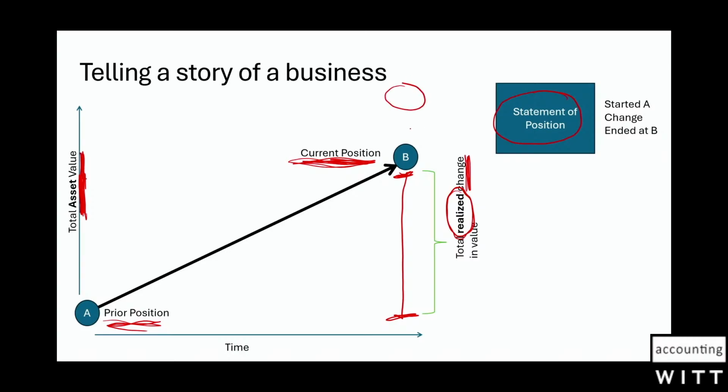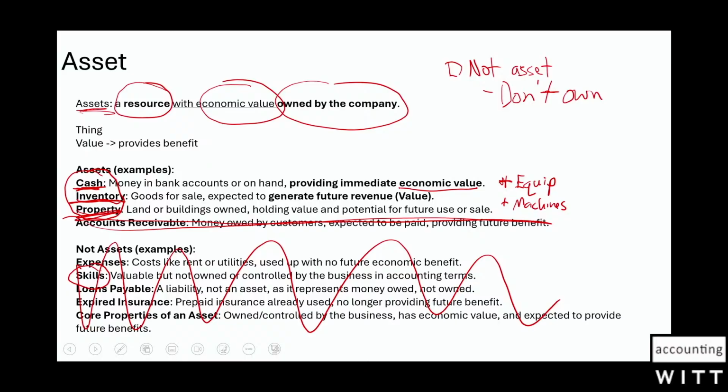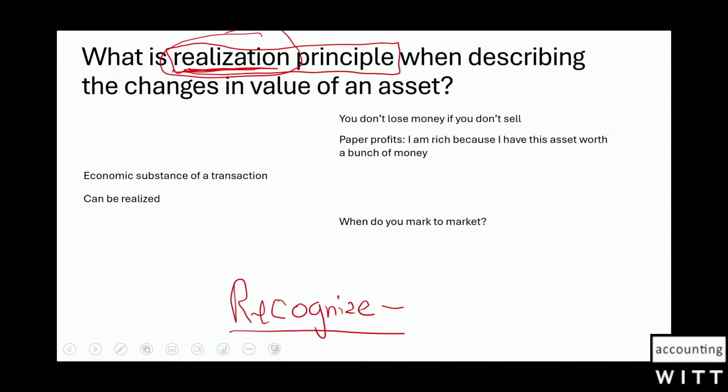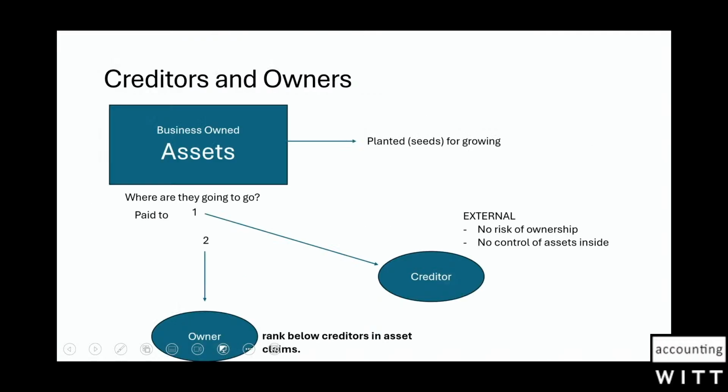Maybe your position goes up. Now, realized versus recognized are different questions, because you might have realized it, but you don't recognize it by telling it in the story. Okay. So we'll come back to the realization principle, but I need to get that going in your head.